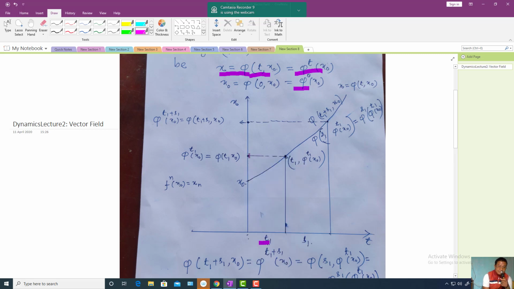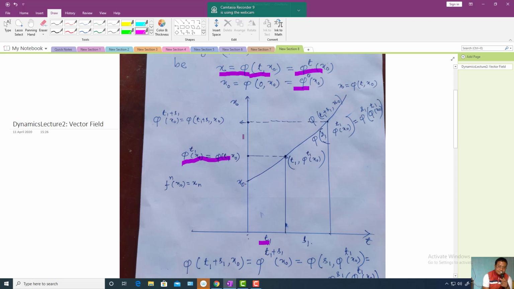According to the curve, this point is t1 and phi t1 x naught. That means this is your starting point, and along the curve after t1 units, you will be here. Along the x-axis, you will be here, and this is your point.